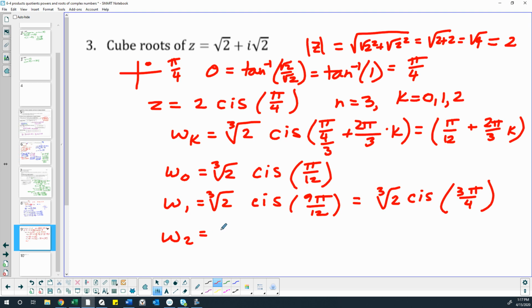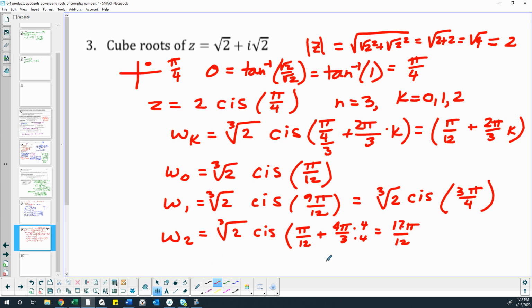And then the last root would be the cubed root of 2 times the cosine plus i sine of pi 12ths plus 4 pi thirds. So that would be, here I'm going to write this out, pi 12ths plus, k is 2, right? So that's going to change this to 4 pi thirds, which is 16 pi 12ths. So that would be 17 pi 12ths, which is not bigger than 2 pi.